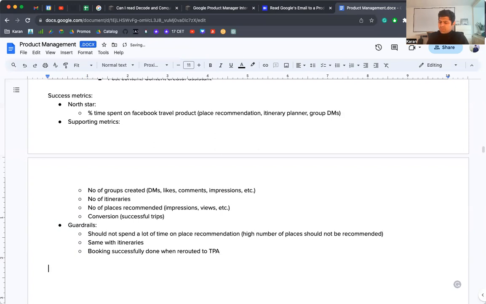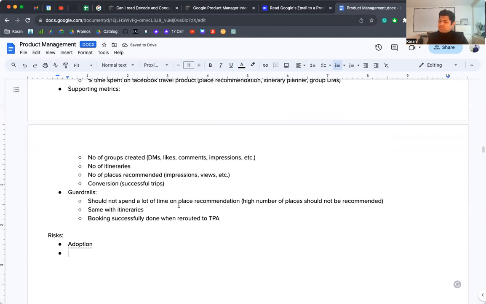Okay. Now let's look at the risks. I think the biggest risk would be adoption. So we need to be cautious about the user segment we are targeting, and the positioning or the go-to-market strategy should be very clear.